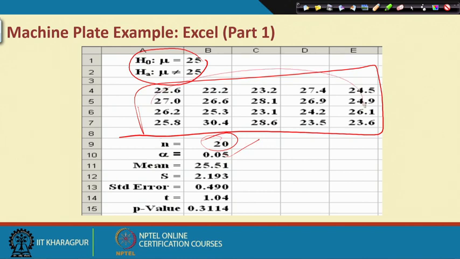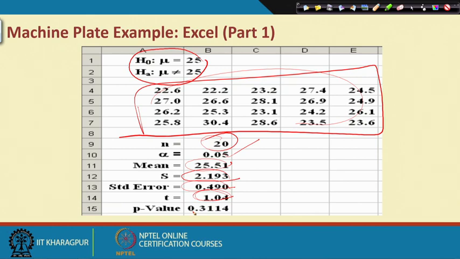Using these samples you have to find the mean, then the variance, then calculate the standard error, and on the basis of the standard error and the other requirements you have to calculate the t statistic, which is nothing but x bar minus mu by s by root n. Then on the basis of the t value you can check the probability value, right.